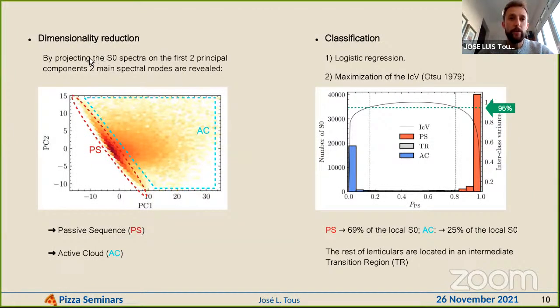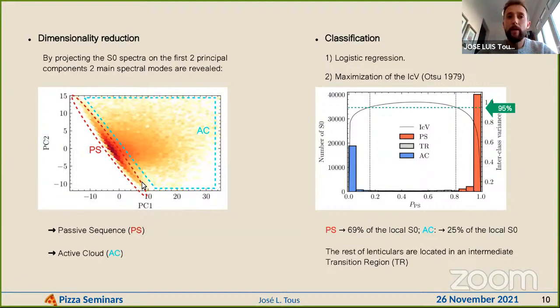And this is what I show on the left-hand side of the screen. We can use the first two principal components to project our sample of optical spectra of S0 galaxies. And by doing so, we observe that our data is structured in 2 main spectral modes.